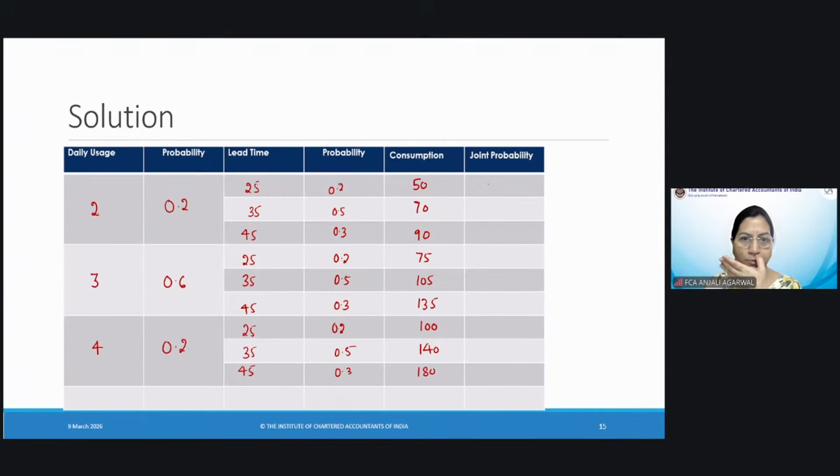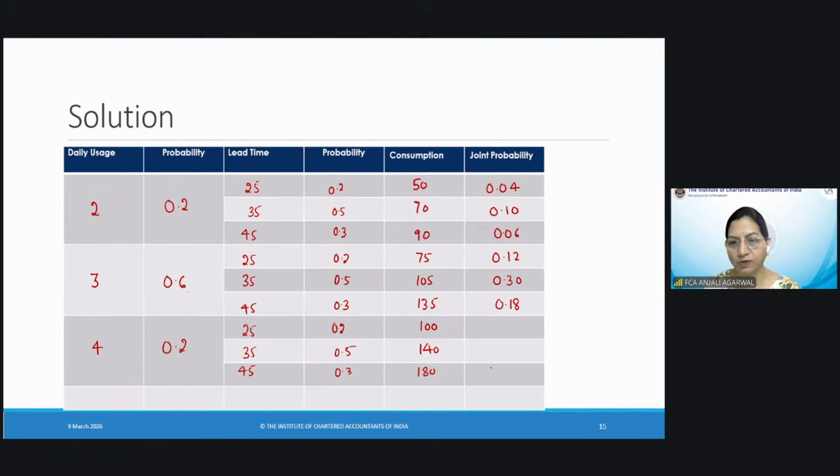So 0.2 into 0.2 is 0.04. 0.2 into 0.5, 0.10. 0.2 into 0.3, 0.06. 0.6 into 0.2, 0.12. 0.6 into 0.5, 0.30. 0.6 into 0.3, 0.18.